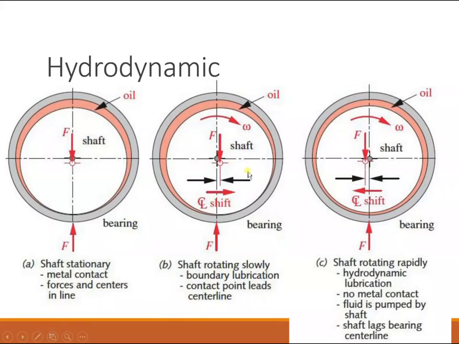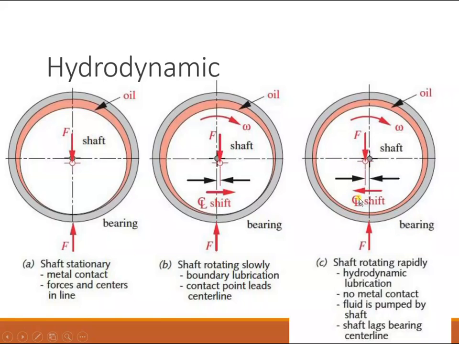It leads the center line, meaning it's in front of it. As omega increases and you get enough speed, you'll actually start pumping oil inside, right here. Now there's oil getting pumped inside between the bearing housing and the journal. This is going to allow the entire journal to float, and now the shaft is going to follow, or lag, the center line of the housing.